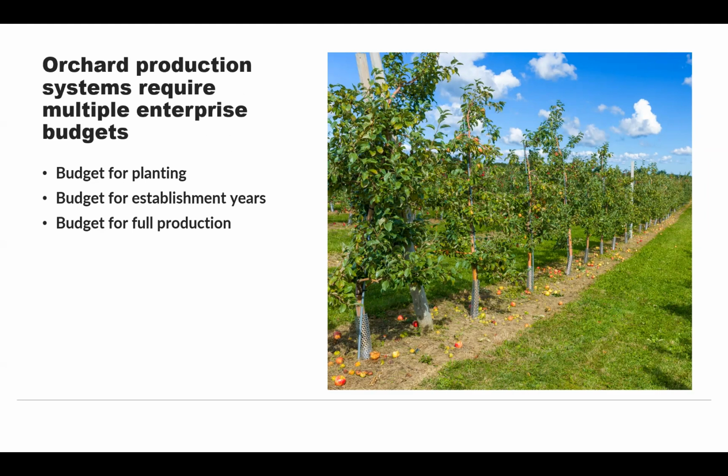I would say if you have activities that are very different, like if you have both apple production and also a value added business, you'll manage better if you create two enterprise budgets: an enterprise for the production side, and an enterprise for the value added processing side. That would give you a lot better data than if you lump those all together, because they have very different revenues and very different cost structures.